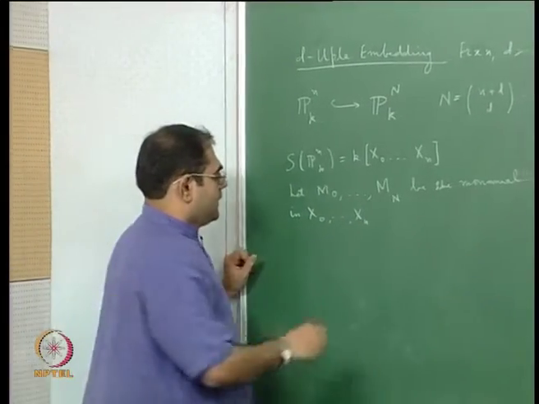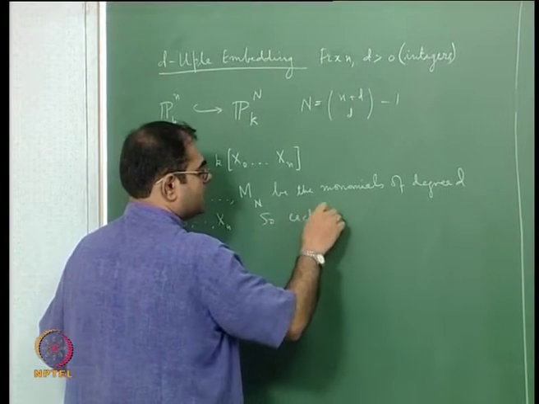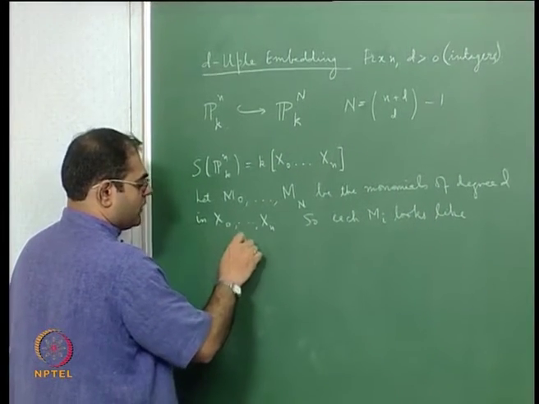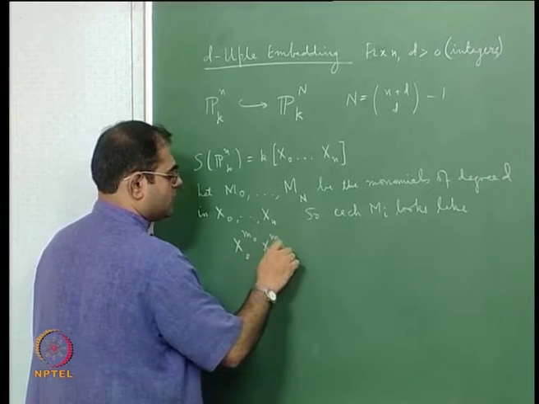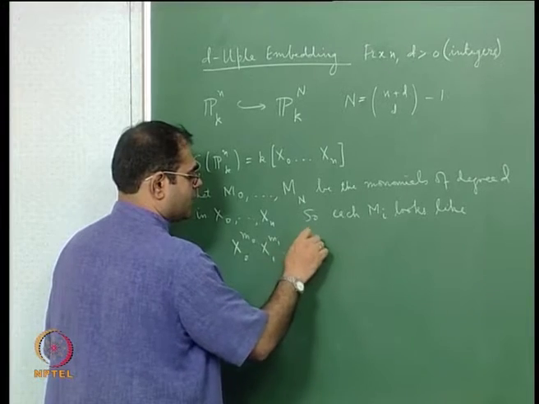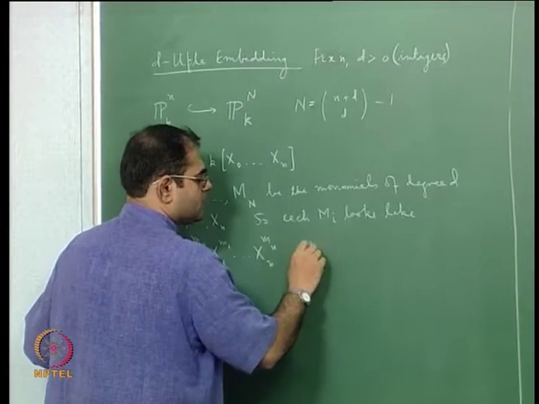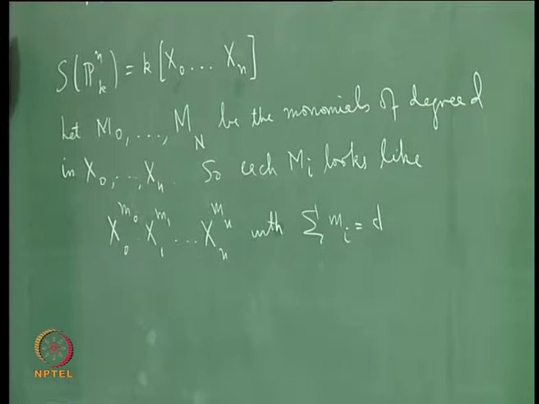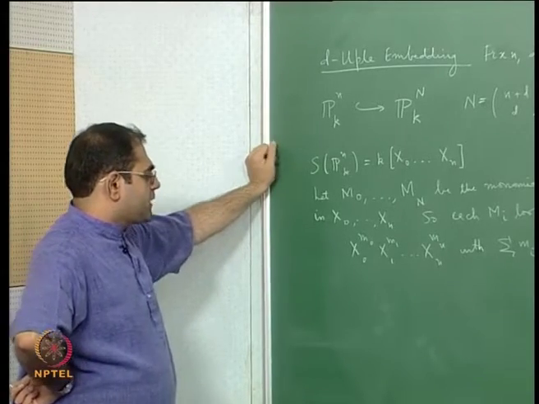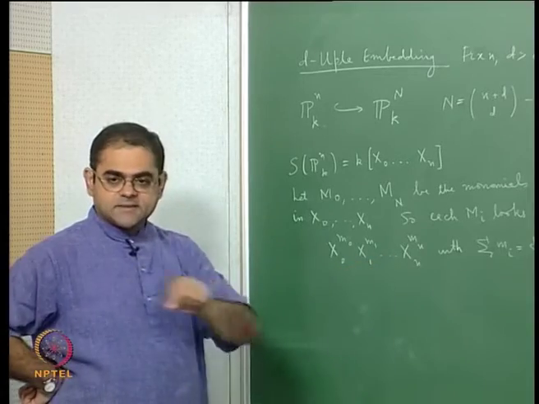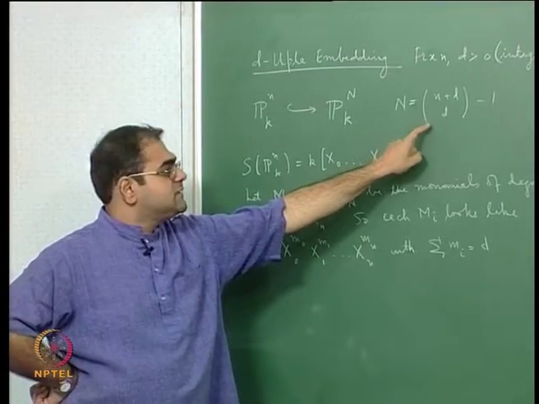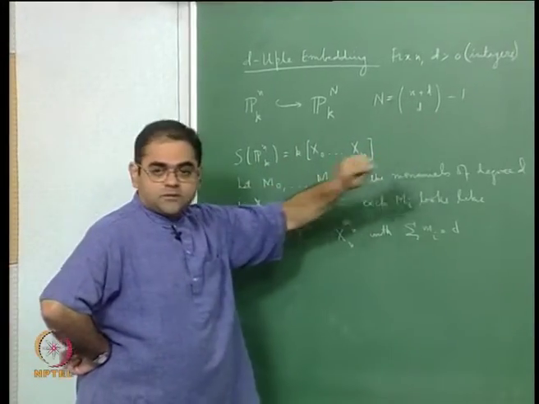Each mi looks like x0 to the power m0 times x1 to the power m1 and so on up to xn to the power mn, with the summation of all the exponents equal to D. You're just writing out monomials of total degree D, products of powers of the xi's such that the powers add up to D, and you can check that n plus D choose D is how many such monomials you will get.